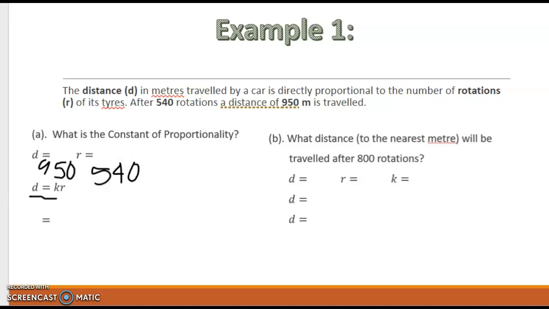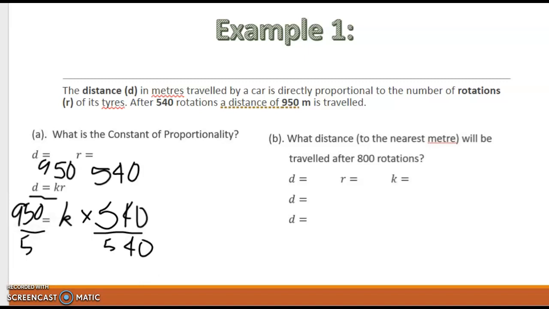So subbing those two numbers in for d and r in the equation gives us 950 equals k times 540, and then we have to solve that equation. So to get k on its own, I need to get rid of this times 540 by doing the opposite and dividing by 540. And of course, whatever I do to one side of an equation, I must do to the other side.